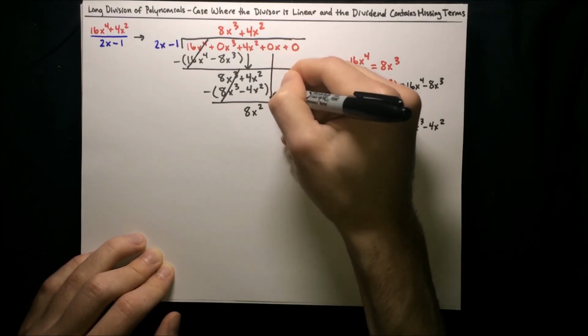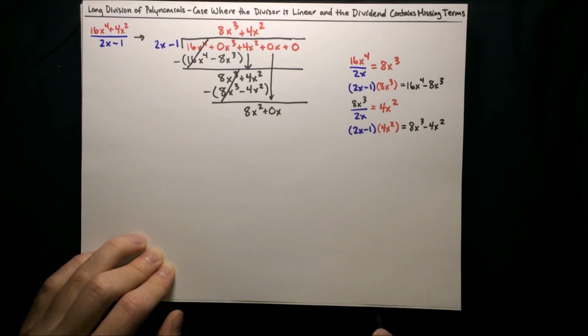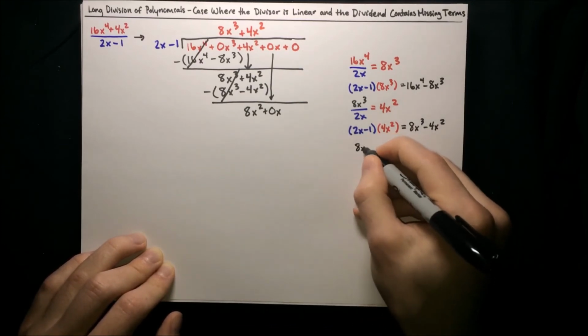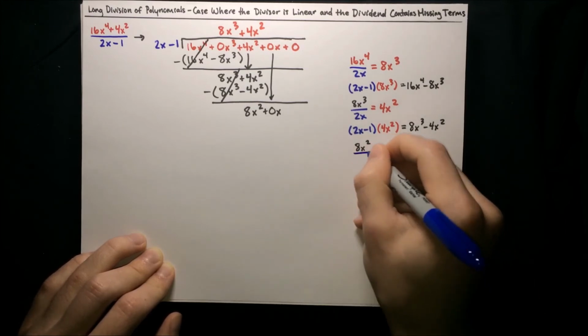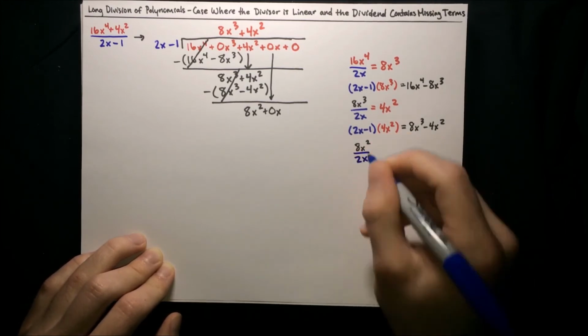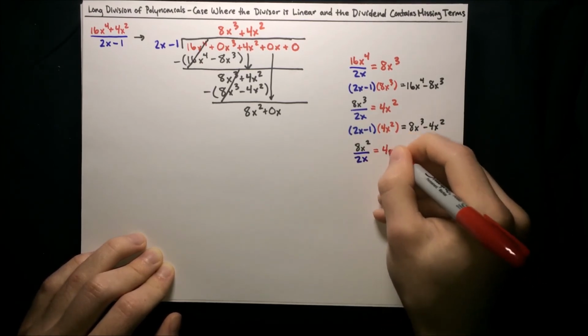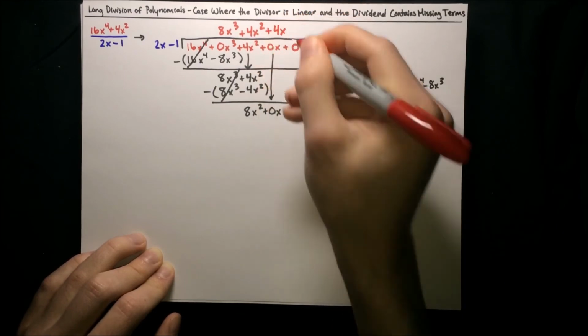All right, bring down our next term, plus 0x, and let's take our highest degree term here, 8x squared, and divide it by that highest degree term in the divisor, which is still just 2x, and we get a result of 4x. So that's in our quotient, so plus 4x.